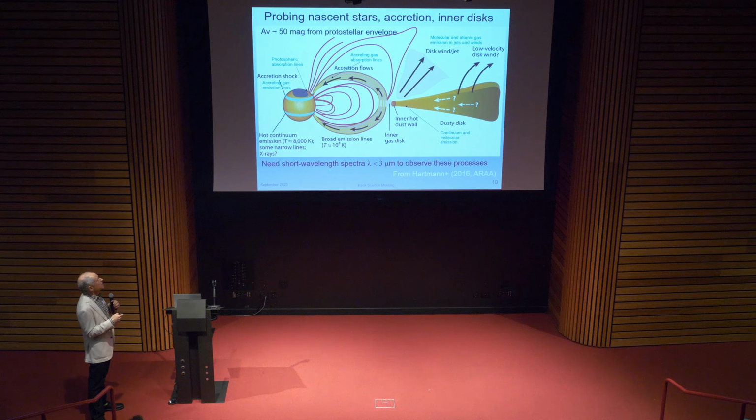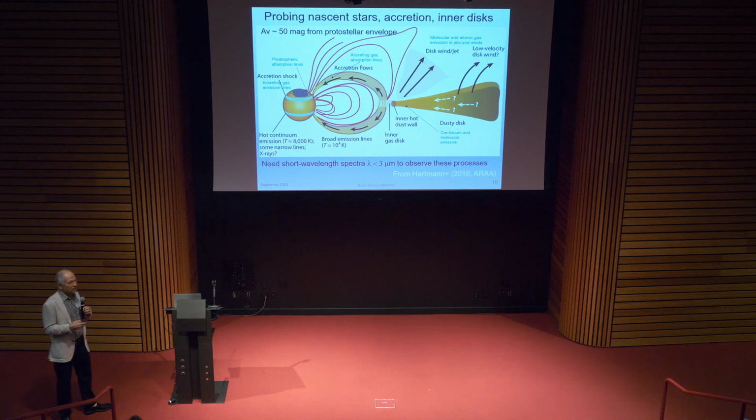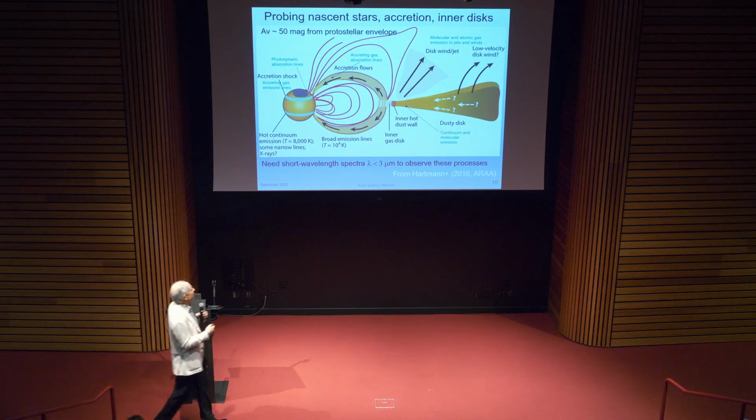What you don't see here is this big extended envelope out of which the thing formed, when it was really young as a protostar. The mass falls onto the disk. The disk just sets itself up based on conservation of angular momentum, and the disk is truncated by bipolar fields from the star, along which gas can accrete. Mostly hydrogen accretes this way and forms an accretion shock. That causes emission lines. We can see these emission lines in spectra.